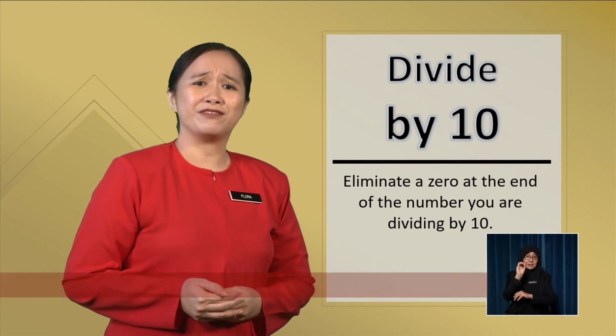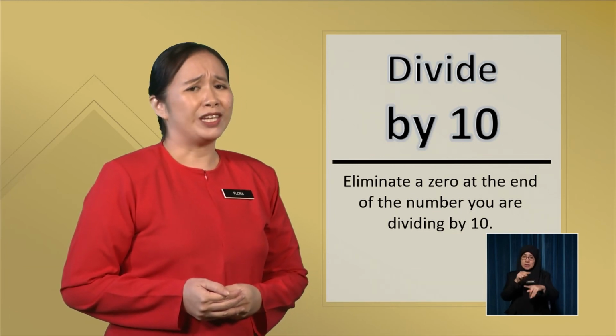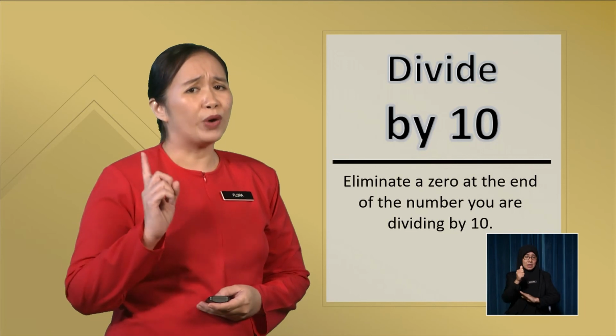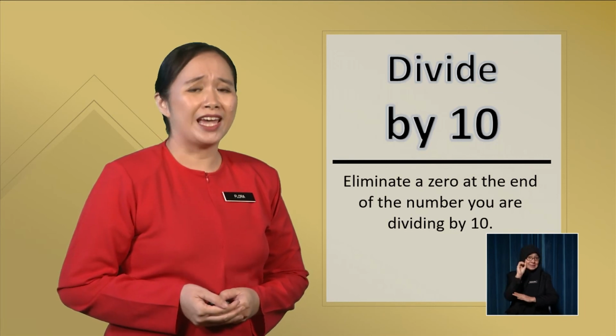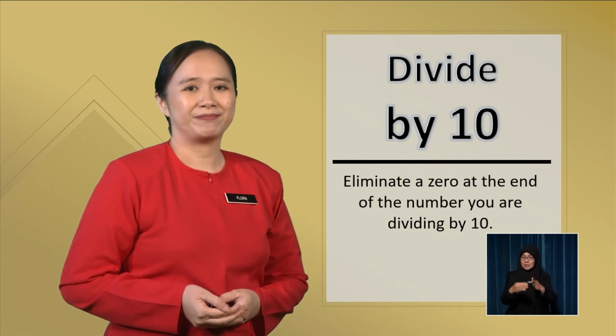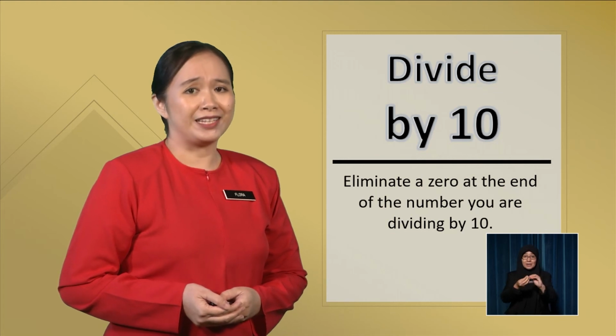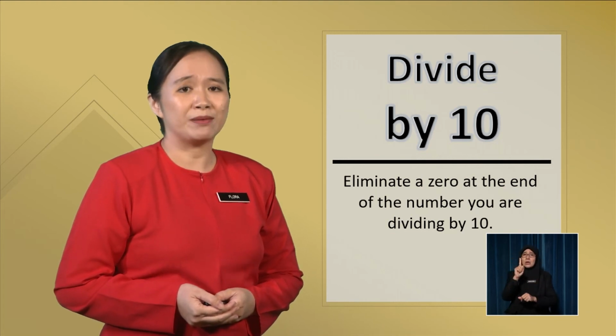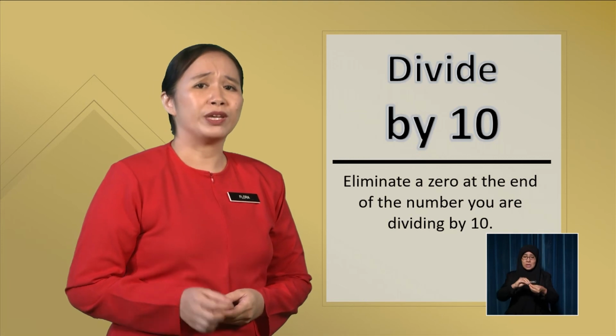Every time we divide by 10, we need to eliminate one 0 at the end of our number. Remember that this only works with numbers that end with a 0.